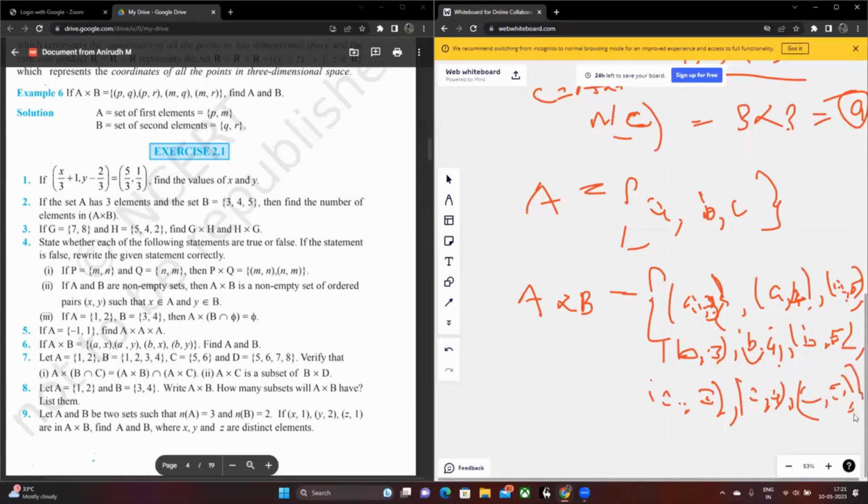You can check that all ordered pairs have been generated. I haven't left anything out, because you can only have 9 pairs as per the formula.